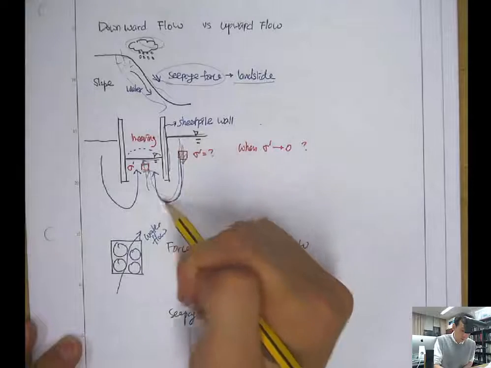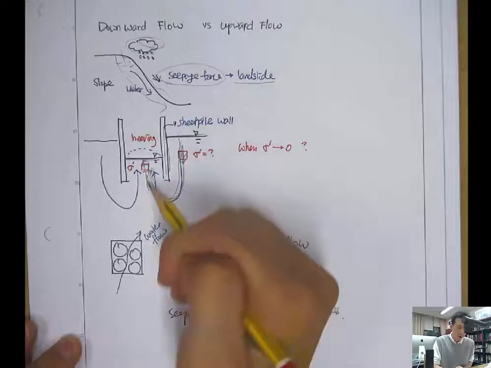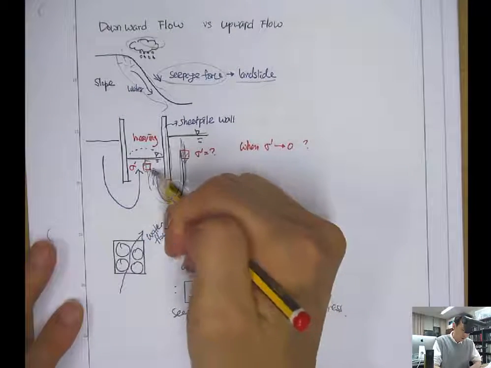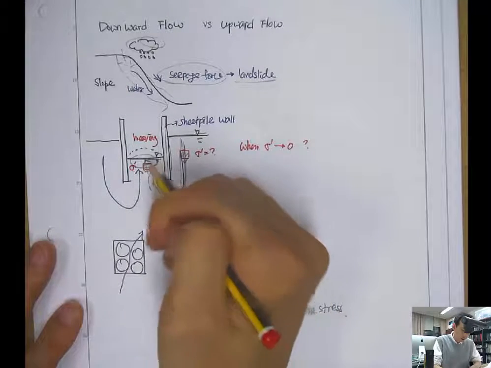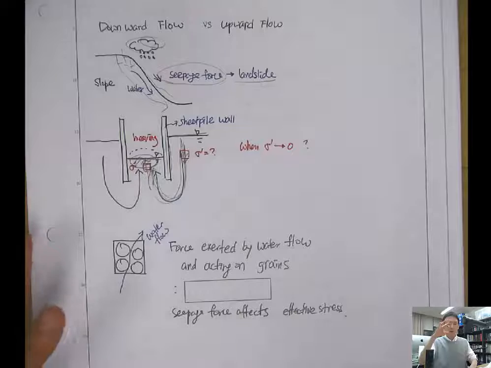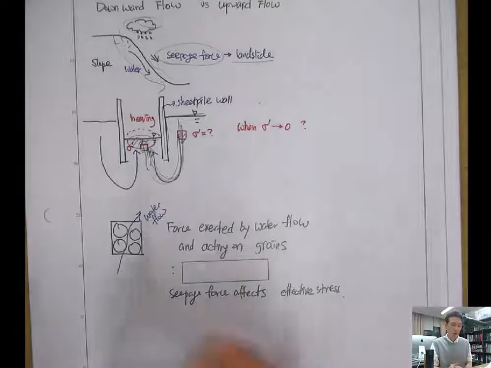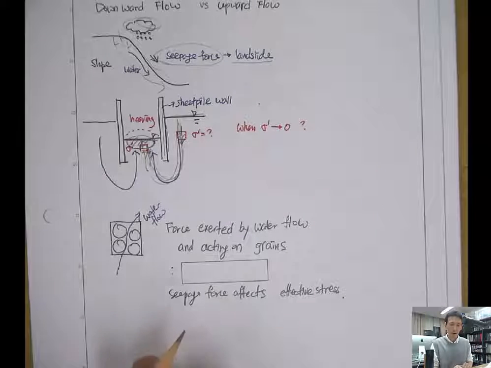If the water flow is too fast, you can think of it like boiling the sand. Then the very top surface soil will be destabilized, and it can reach failure.